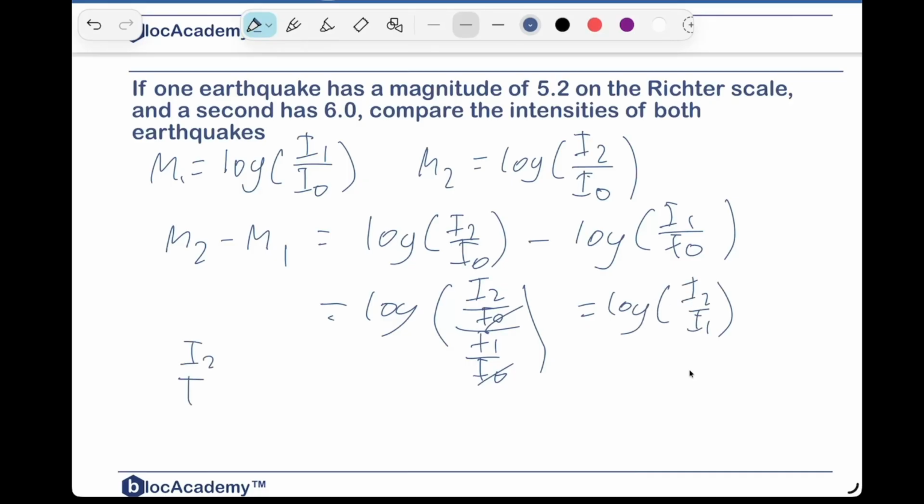I2 over I1 is going to be 10 to the power of m2 minus m1, which is 0.8. We can calculate that real quick, and we're going to get 6.309. So it's going to be 6.309 times more intense for the second earthquake.